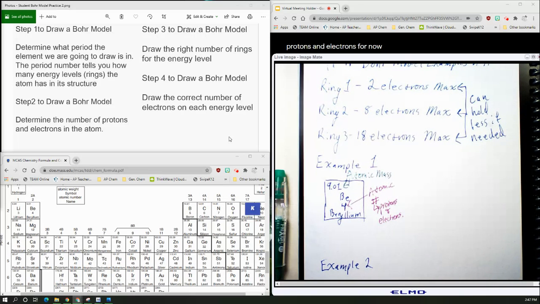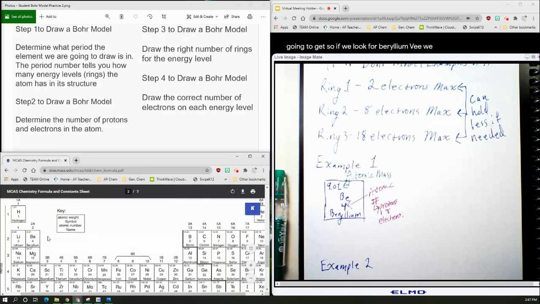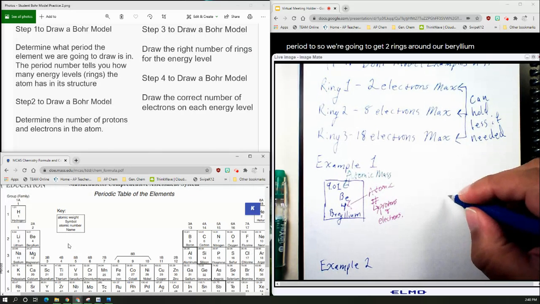Okay, so step 1 is determine what period the element we're going to draw is on, and this tells us how many rings we're going to get. So if we look for beryllium, Be, we can see that it's here on period 2. So we're going to get 2 rings around our beryllium nucleus.